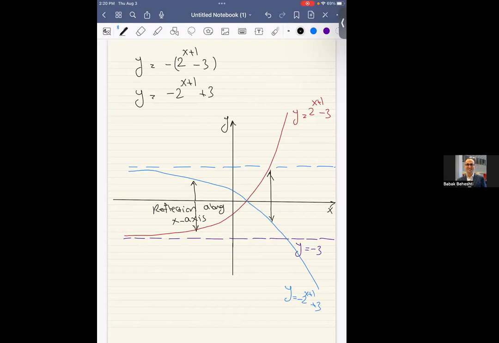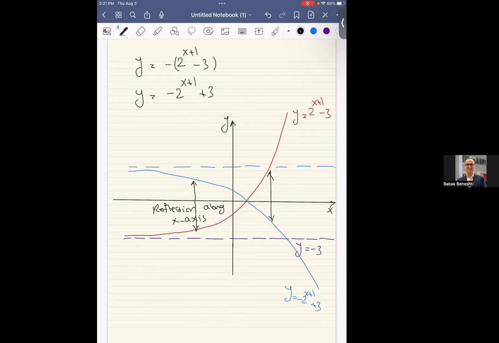Do you know the meaning of reflection? The word reflection, what does it mean? What is the English meaning of reflection? The picture of something in a mirror. Reversed image, exactly.